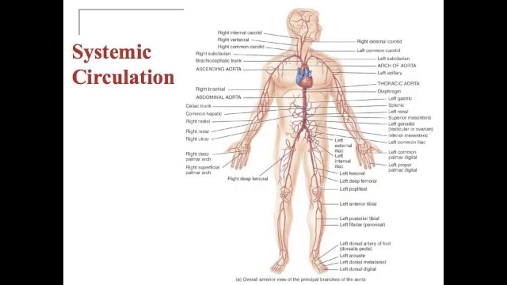So this next slide is on page 799, and this is figure 21.18, and it shows the aorta and its principal branches. So all systemic arteries branch from the aorta.